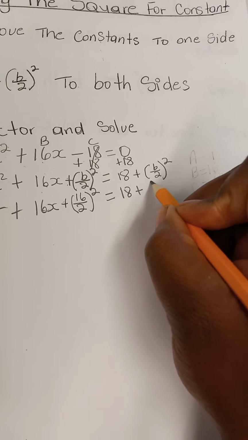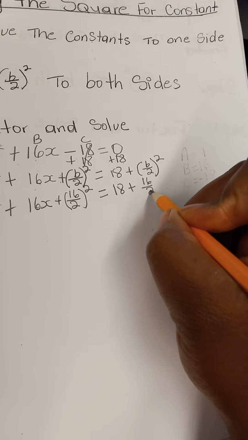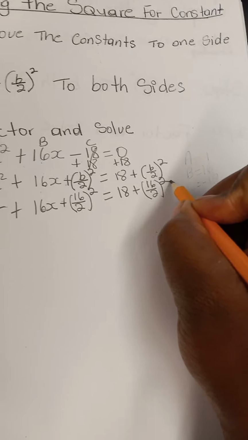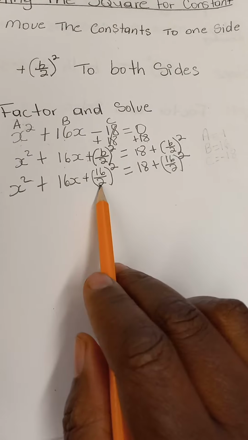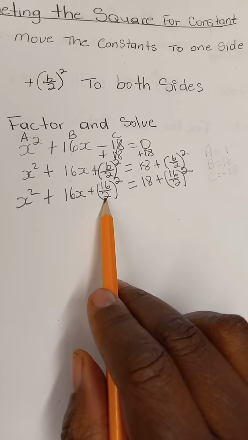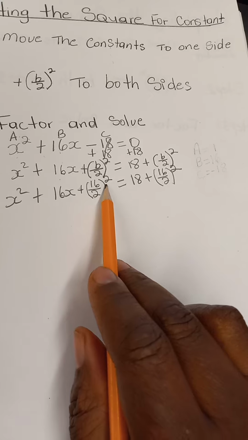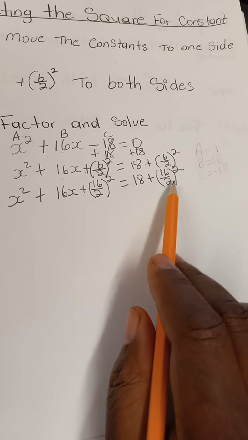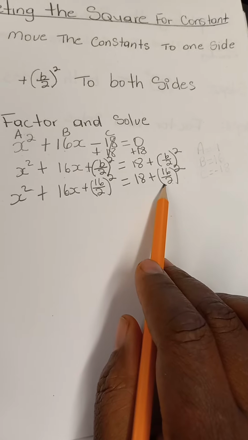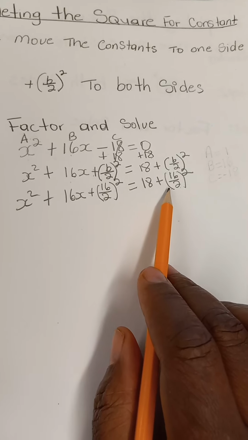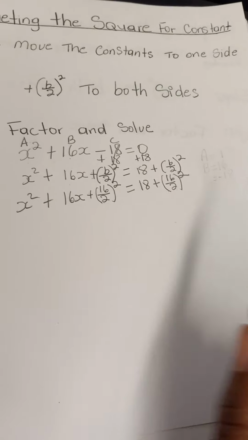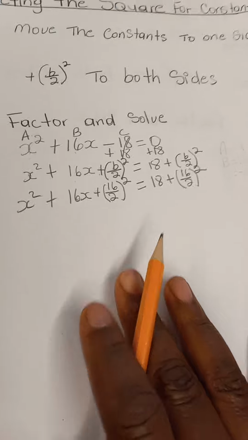With this side, you could only do it once if you remember to put the half-and-squared number on the opposite side. Whatever you do to one side, you have to do to the other side. If you remember that, then you don't have to write this here. You could just put your results, which is the next step.